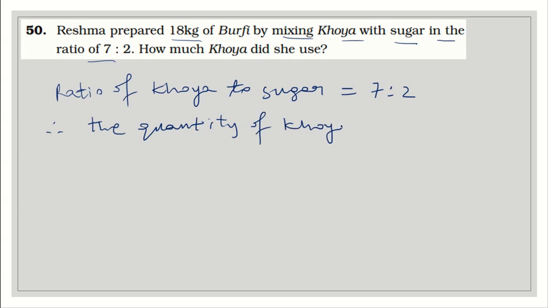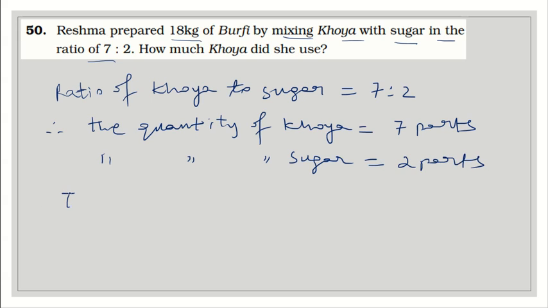Therefore, the quantity of koya is 7 parts, whereas the quantity of sugar is 2 parts. So, the total quantity of burfi is 2 plus 7, 9 parts.